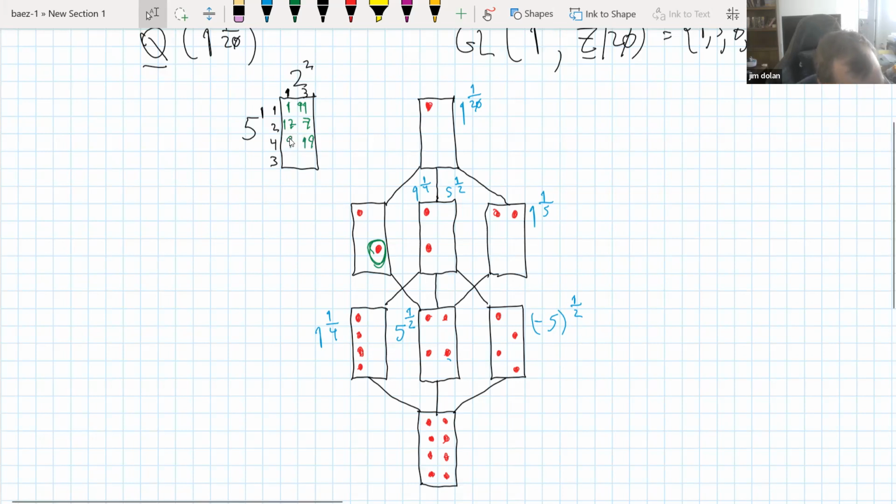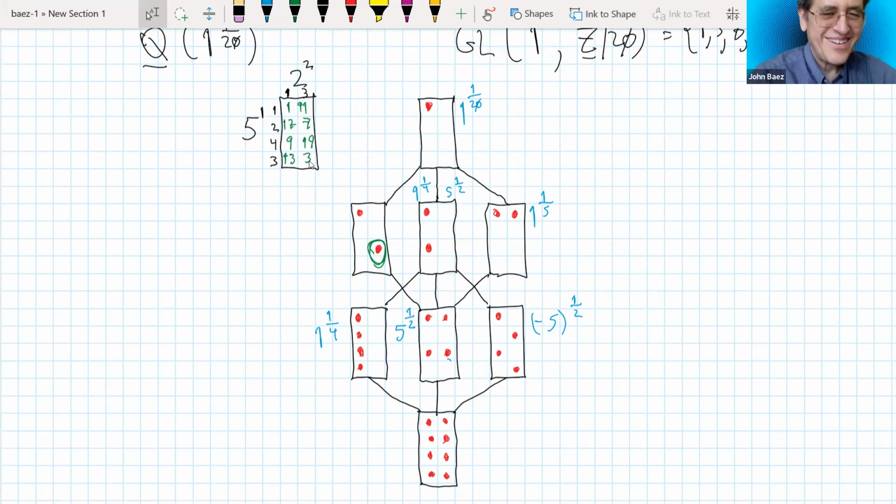So I think it's going to be like 9 in there, and maybe 13 there, and 3. Okay, that was all guesses, but does it look right? I'm going through them. So far they're looking right.